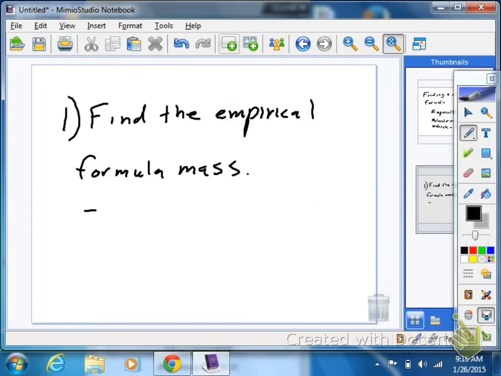So in our example, we have CH2O as our empirical formula. So find the mass of that. Find the empirical mass of CH2O. You have to have your periodic tables out to do that. Carbon is 12.01. And 2 hydrogens is 2.02.